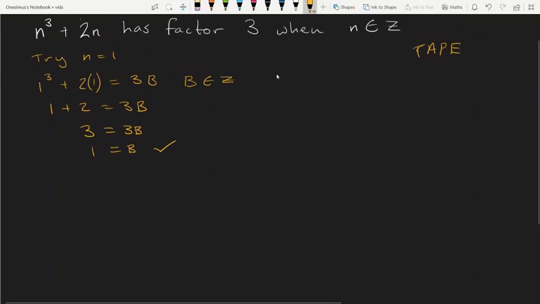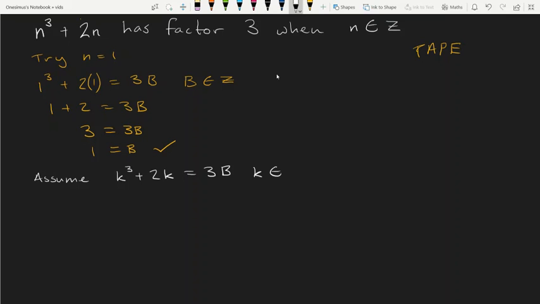Now, we're going to move on to our assumption. So we're going to assume that k cubed plus 2k equals, in this case, 3b again, where k is any integer and b is any integer.